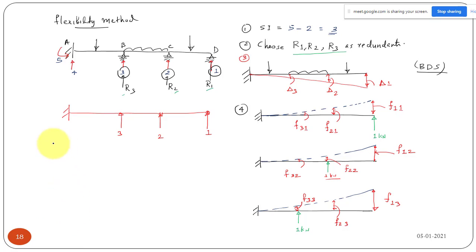Generally I can say this Fij. Okay, that means displacement at coordinate i due to unit load at coordinate j.